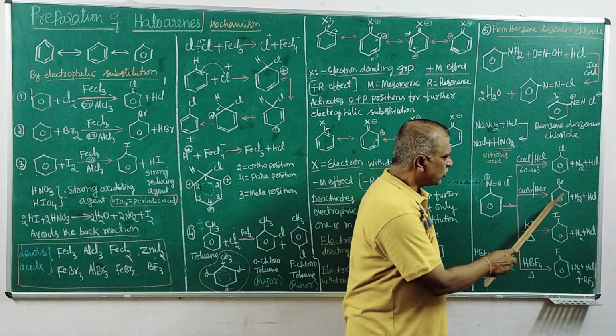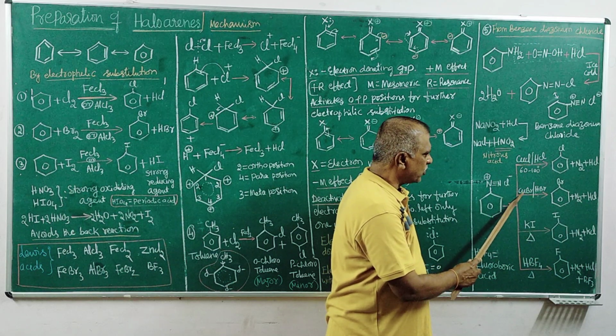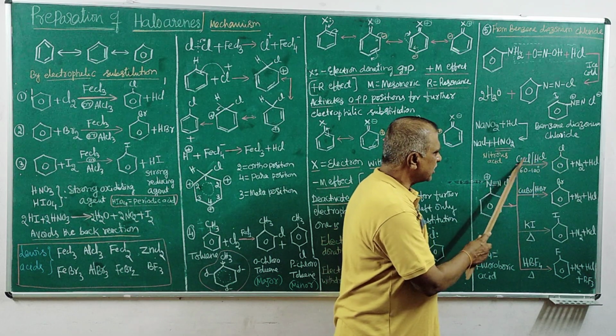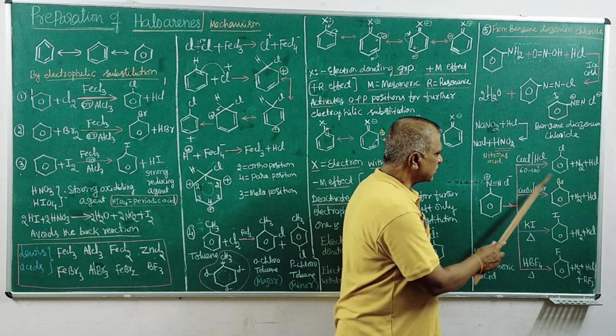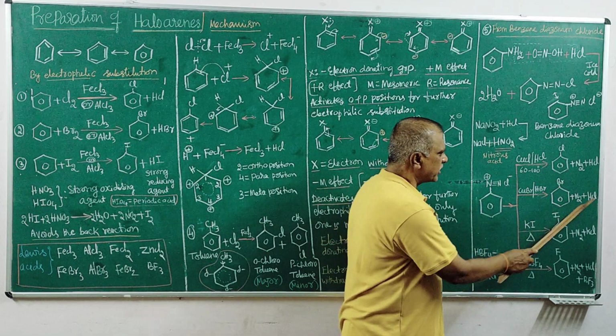For the preparation of the bromo derivative, we use a similar compound, cuprous bromide and HBr. For Cl it is HCl like this, for Br it is Br. So it will replace this group by Br and eliminate N2 and HCl.